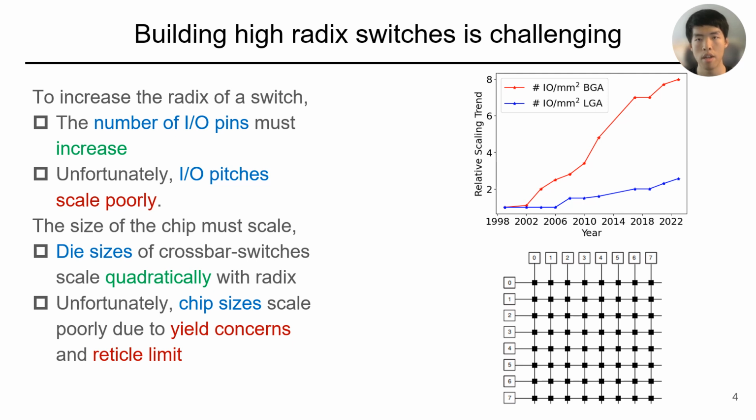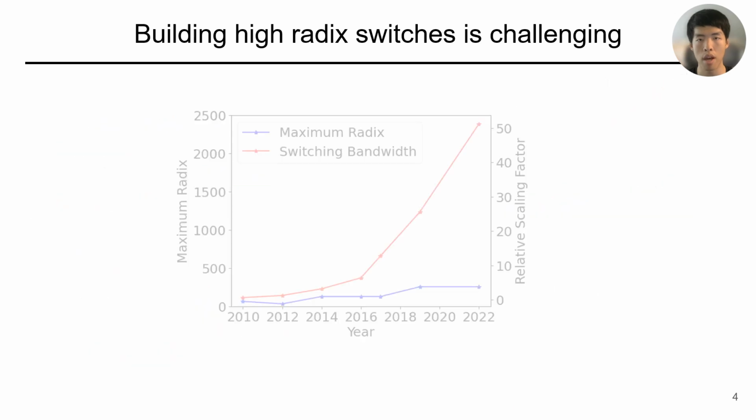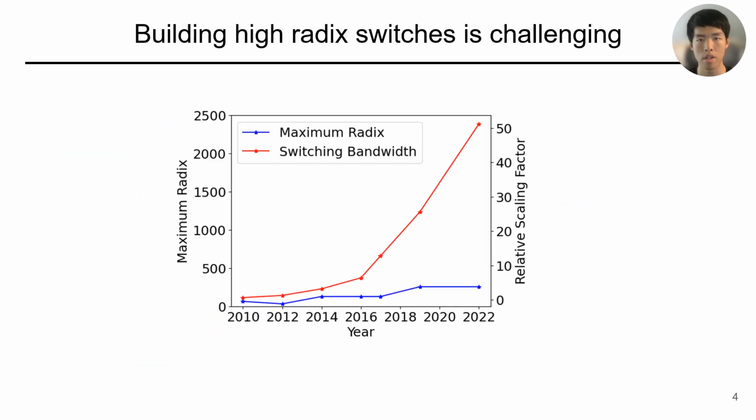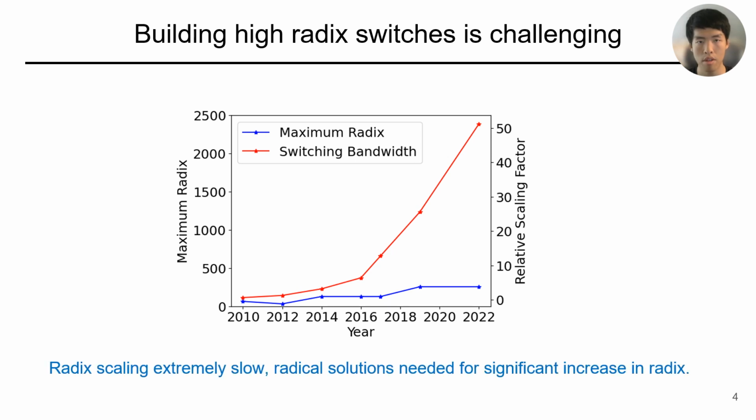As a result, the maximum radix achieved scales much slower compared to the aggregate switching bandwidth of a switch. While the switching bandwidth has grown by 50x in the last 10 years, the maximum radix of a switch has only grown by 5x. Therefore, a radical solution is needed to significantly increase the radix.